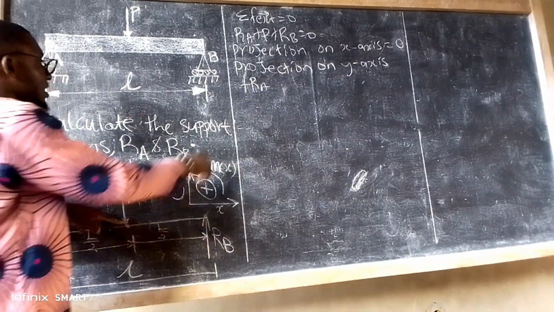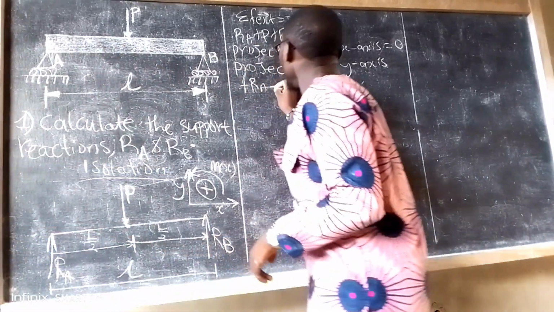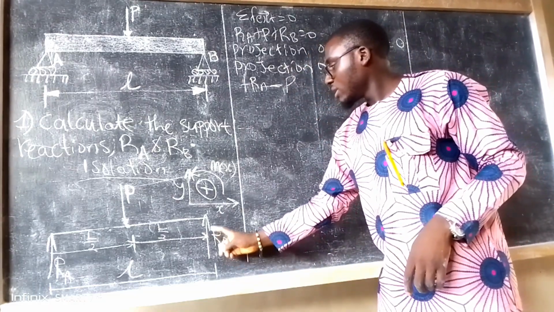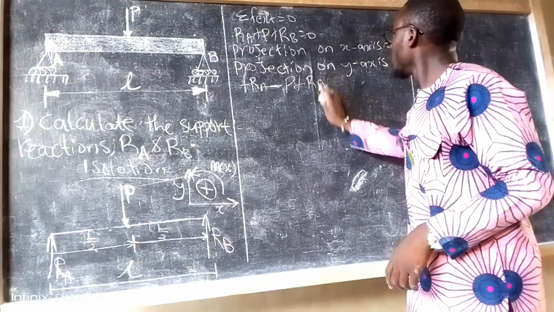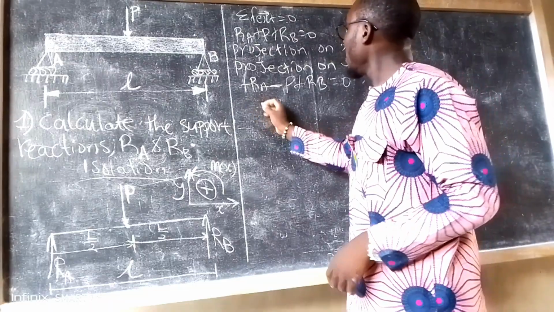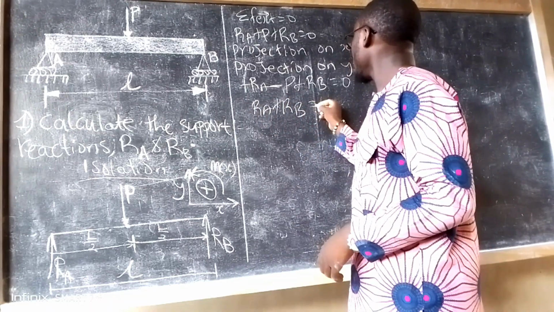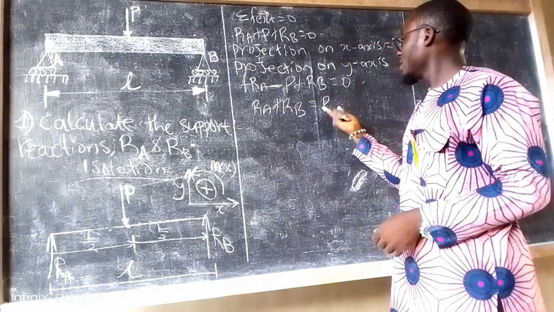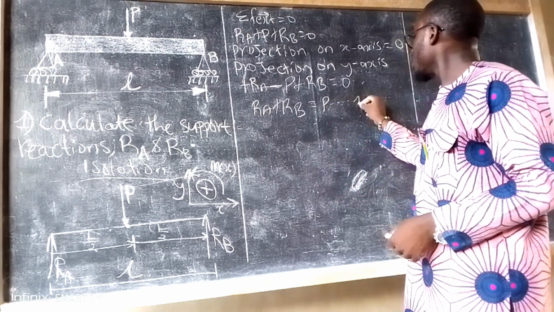P is opposing the sense of the direction we have chosen, so it is negative P. RB is following the same orientation, so it is plus RB, equal to 0. Making RA plus RB the subject of our equation will give us P. So this P crosses the equality sign and becomes plus P. So this is our equation 1.